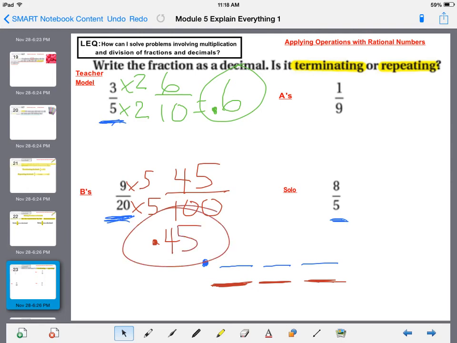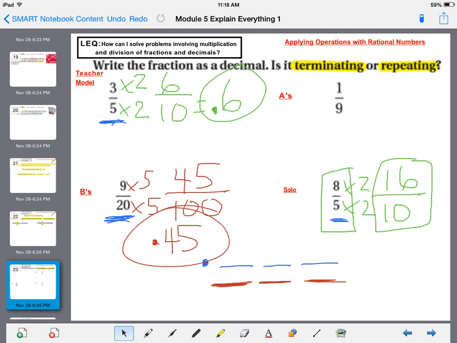And last but not least, we have 8 and 8 fifths. We can turn that into tenths. And we go 5 times what is 10? Well, that's 2. We do that to the numerator. 8 times 2 is 16. And in this one, you say, wait a minute, this is an improper fraction. But it does make sense because we started with an improper fraction as well.